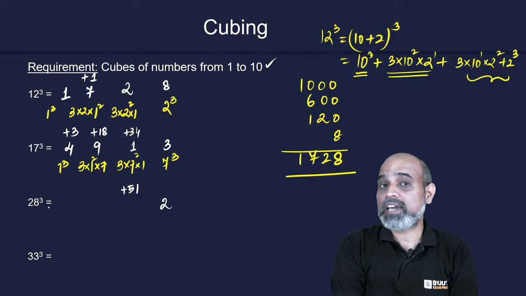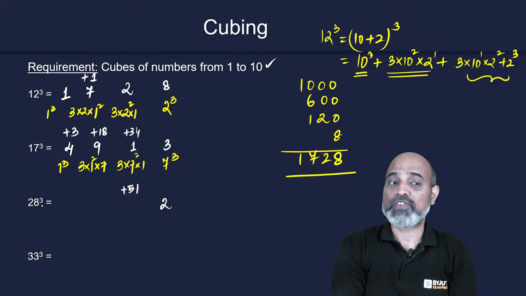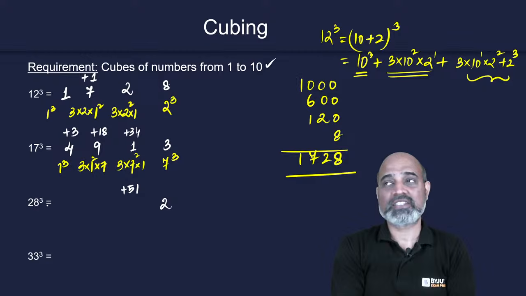So 8 square is 64. 64 into 2 is 128, and 128 into 3 is 384.